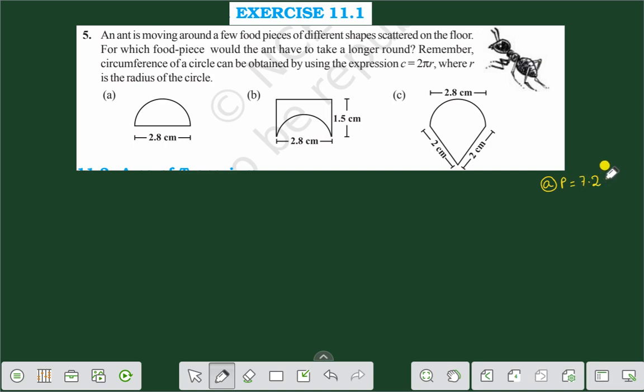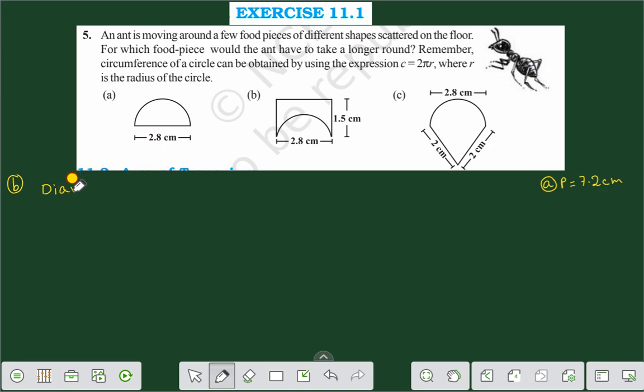Now find the perimeter of this figure, that is B. Here the diameter is given as 2.8 centimeter.